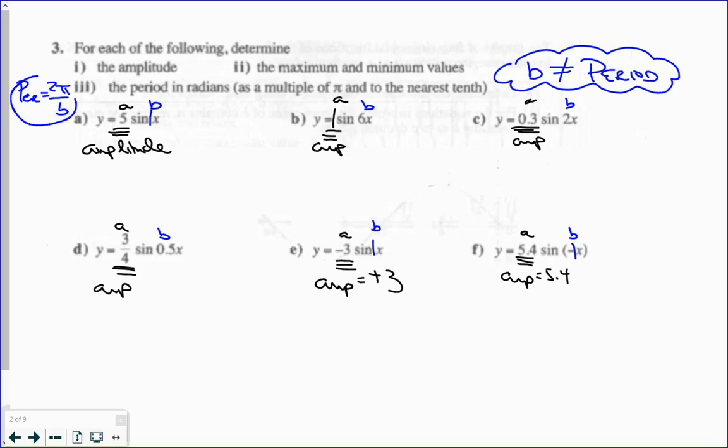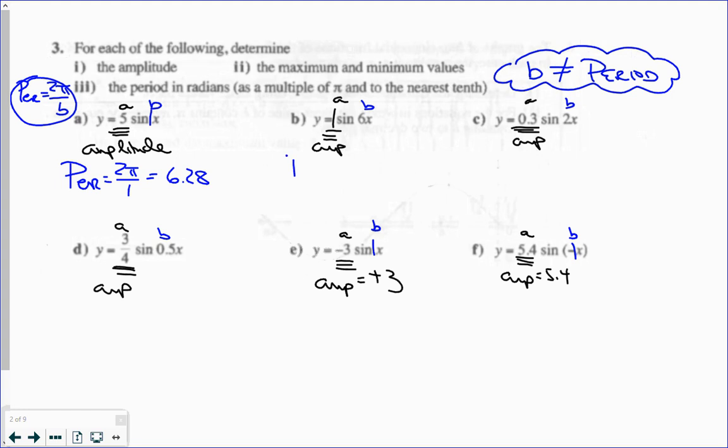Now, I need you to not worry about where that formula comes from. I don't even need you to memorize it. I just need you to remember to use it because it's on your formula sheet. So the period for this one is 2 pi over 1. You would punch that into your calculator and get 6.28.